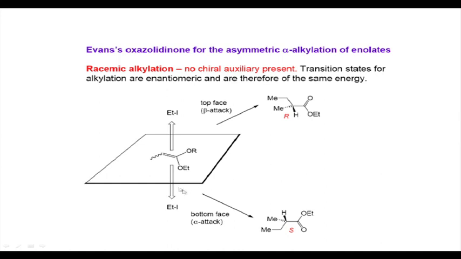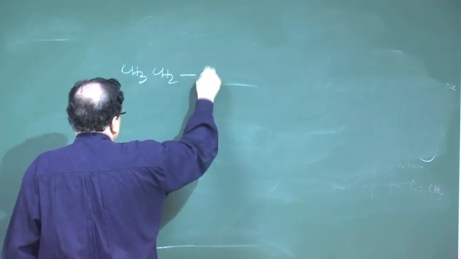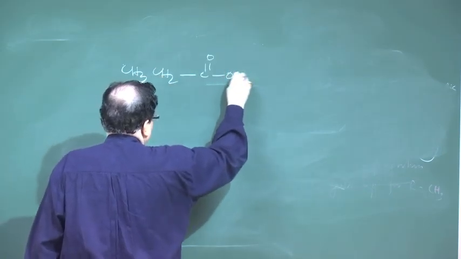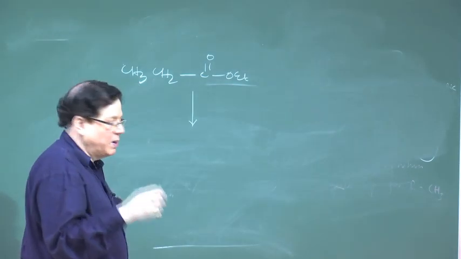Now, what happens, suppose I want to alkylate an ester group, say I have CH3CH2COEt. Now, in alkylation, what you need to do is convert it to an enolate.